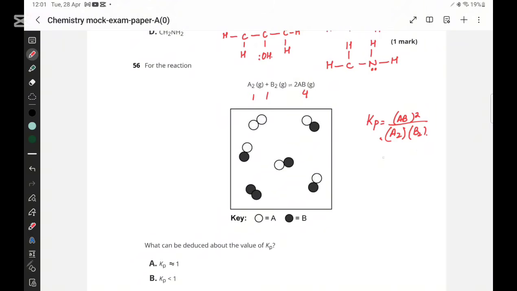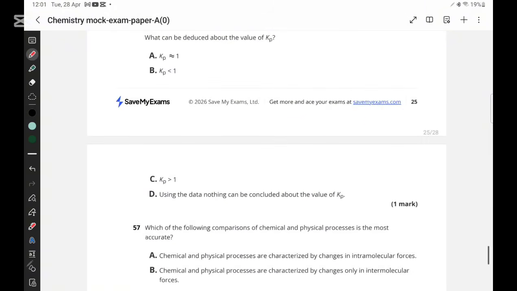Okay, let's just do this. So 4 square over A2 B2, 1 times 1, so that's 16, and you can see that Kp is going to be greater than 1, so our answer is going to be C there.